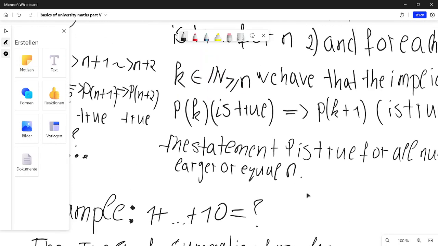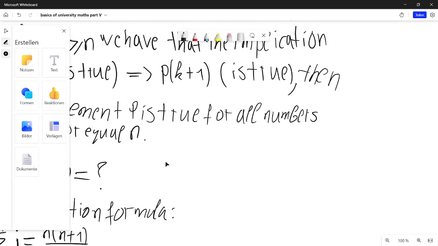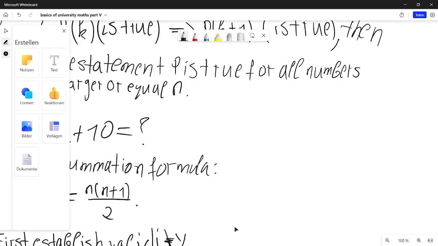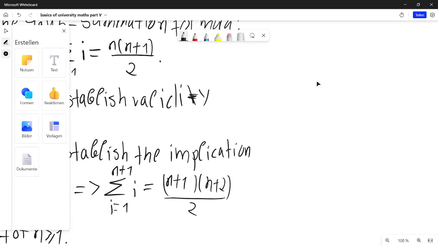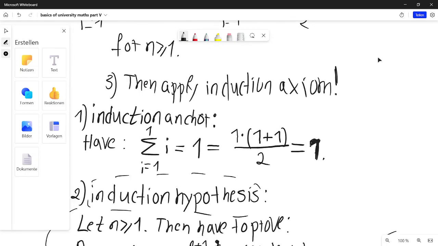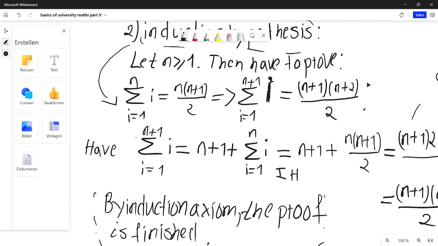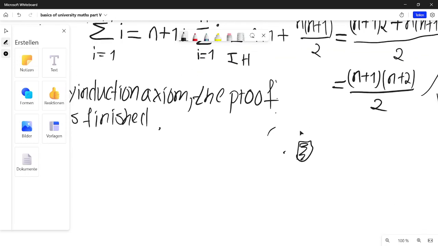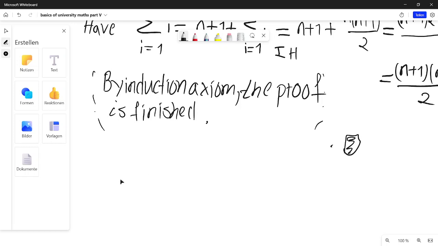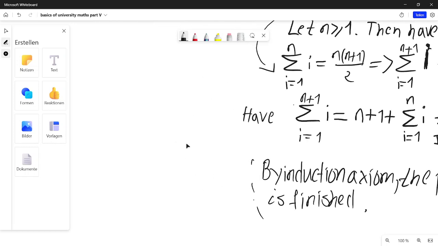Right. Okay. With that, I'd like to finish. You have encountered now the proof by induction, the induction principle, and you can now contemplate about that. You can just look maybe on the net for tasks for proof by induction.